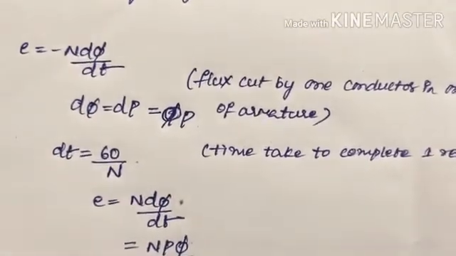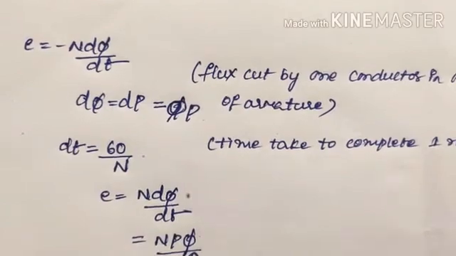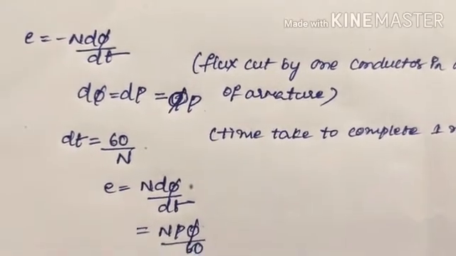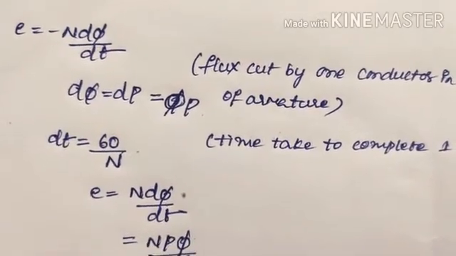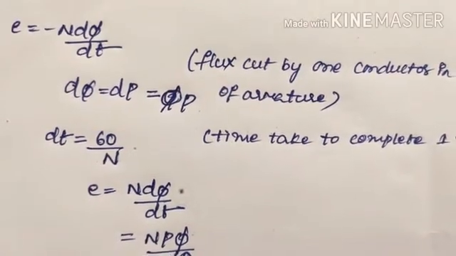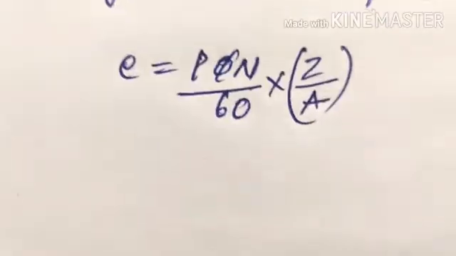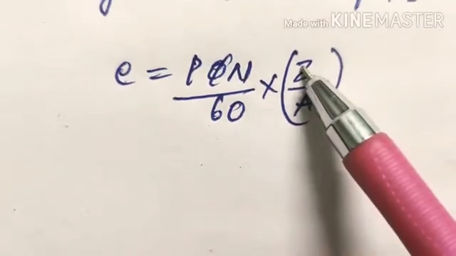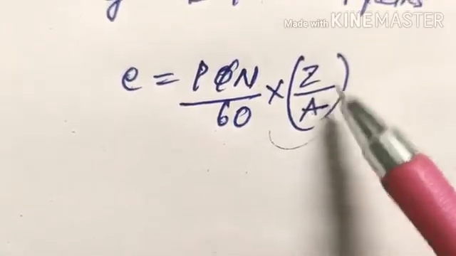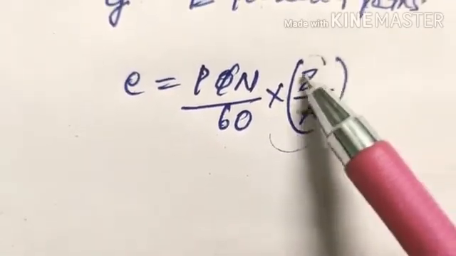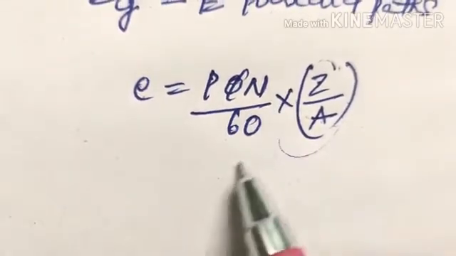Note one more point, that is EMF of a generator Eg is equal to EMF of parallel paths. That means EMF per conductor into the number of conductors per parallel path. The number of conductors per parallel path is Z by A, and EMF per conductor is P phi N by 60.